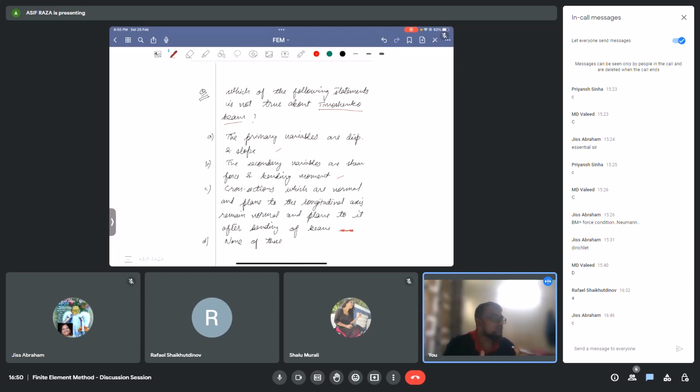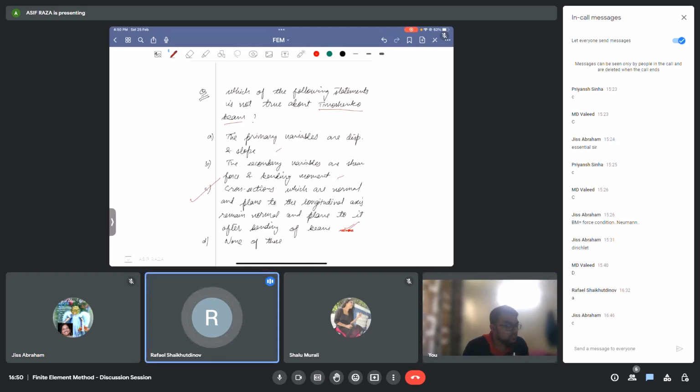The Timoshenko beam and the Euler-Bernoulli beam differ at this point. This statement is satisfied by Euler-Bernoulli, but for the Timoshenko beam this is not the case. So our incorrect statement is option C.